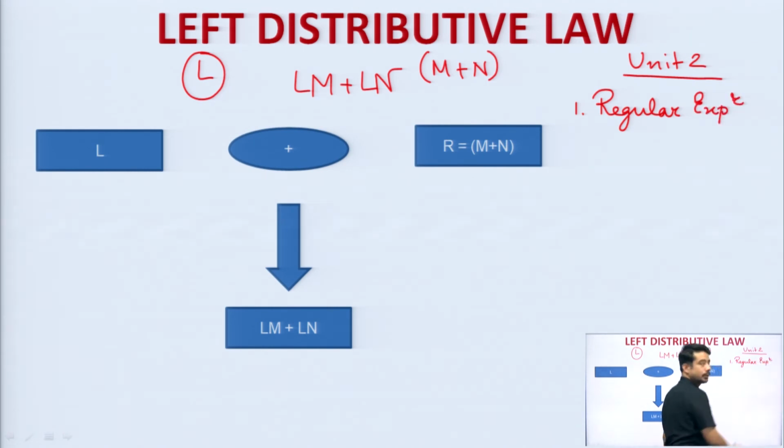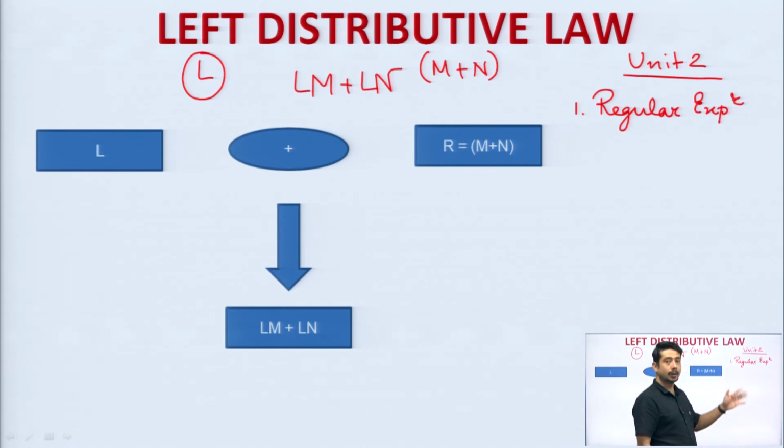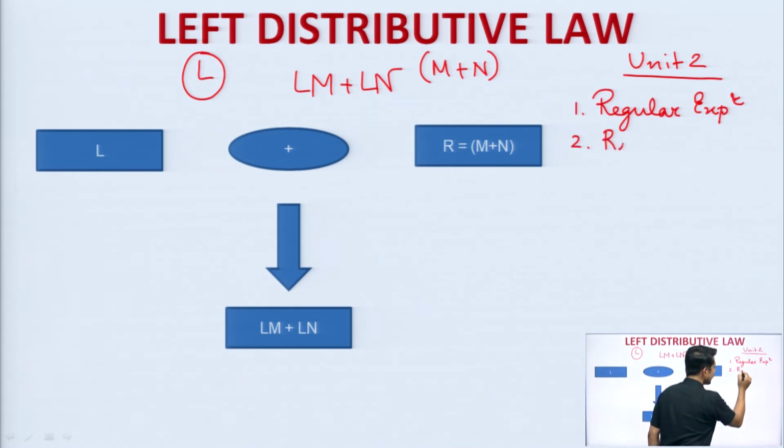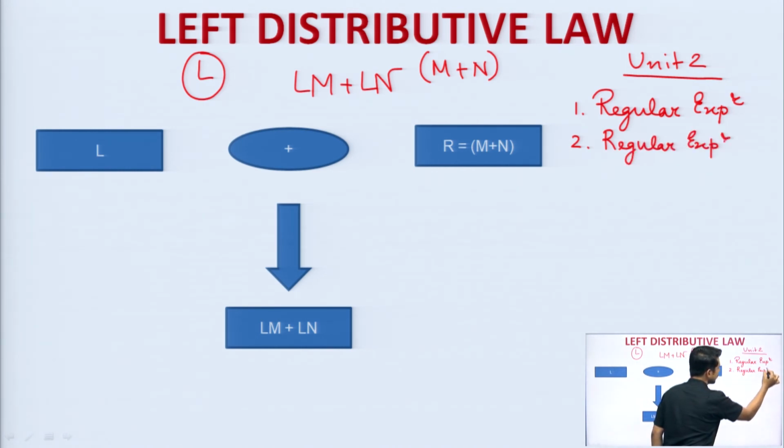In the regular expression, try to focus on what the primitive operators are, what the special operators are, and what the primitive expressions are. Then you can check regular expression to finite automata.